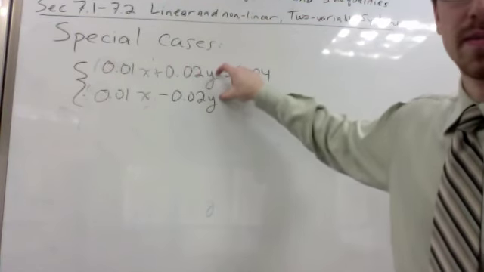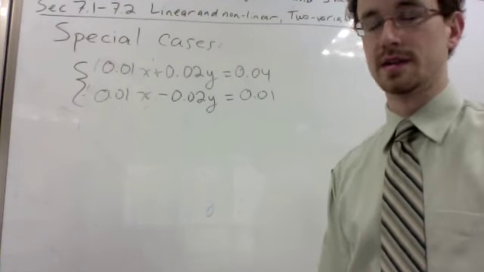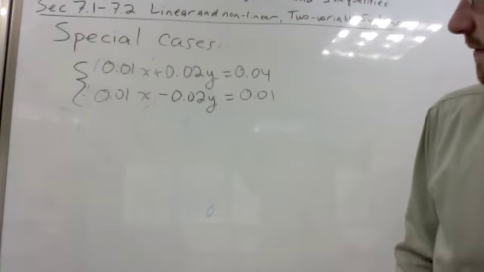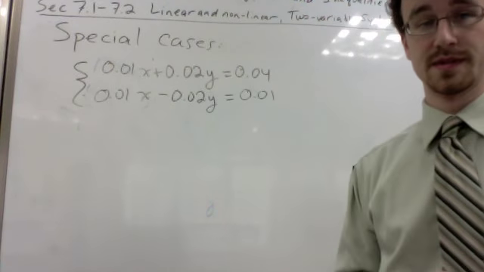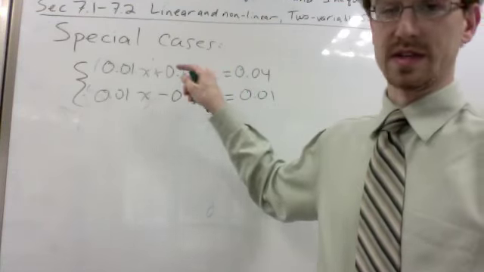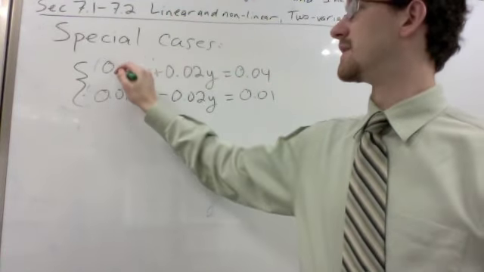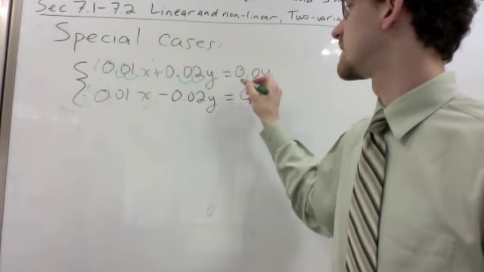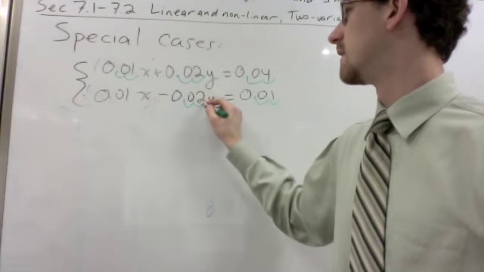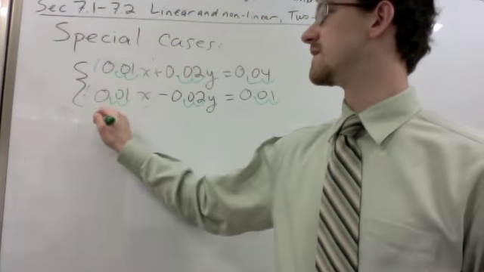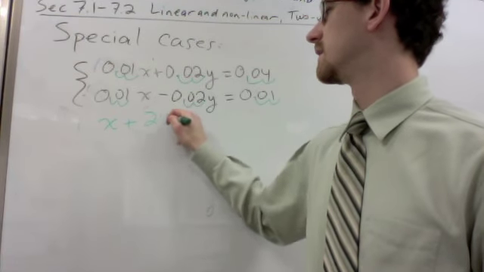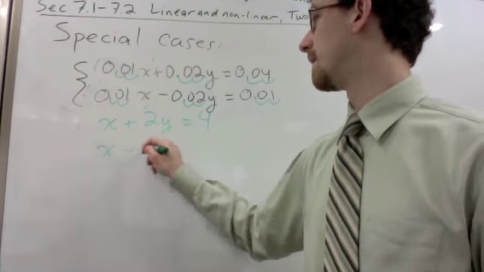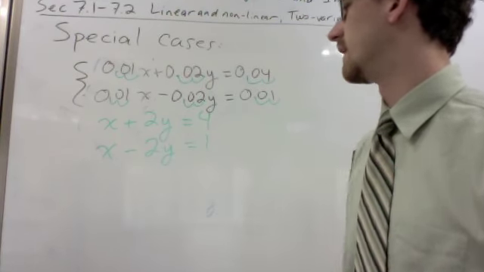Now you may notice this is set up for elimination right away if we wanted to go that route. But sometimes it is advantageous to get rid of our decimals. We can multiply both equations by 100 and just move our decimal points over 2 spots. Therefore, changing our equations to x plus 2y equals 4 and x minus 2y equals 1.